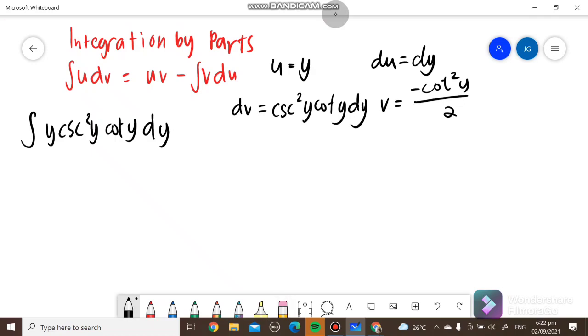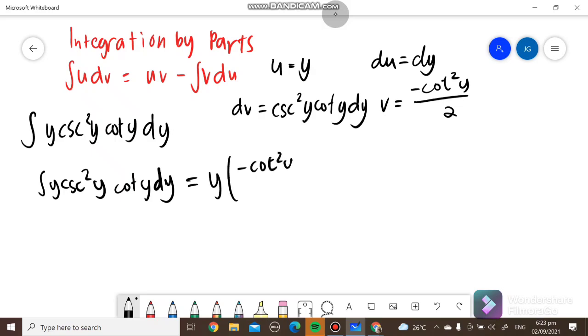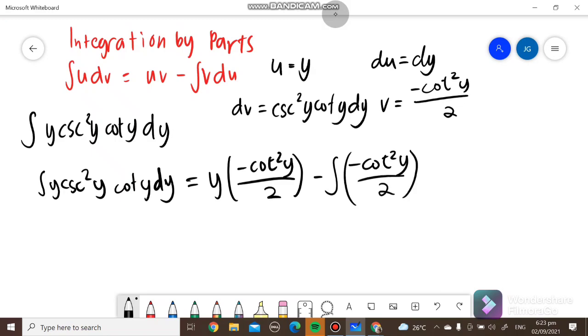Okay, so now we know the 4 things that we need to integrate by parts, so we can now integrate it. So we have the integral of y cosecant squared y cotangent y dy is equal to u, which is y, times v, which is negative cotangent squared y all over 2, minus the integral of v, which is negative cotangent squared y all over 2, multiplied by the du value, which is just dy.